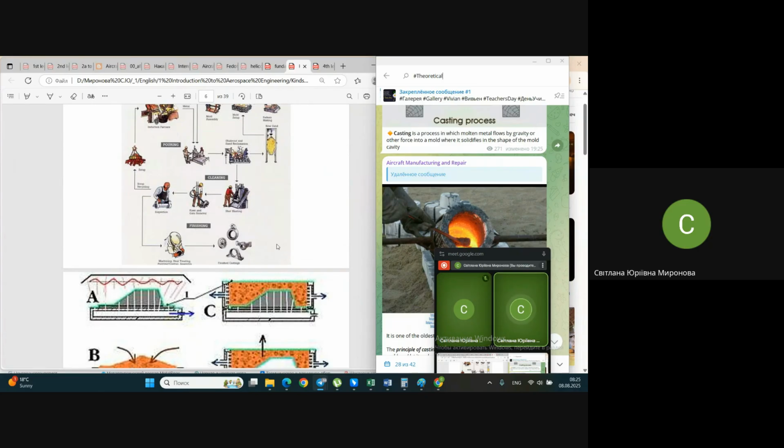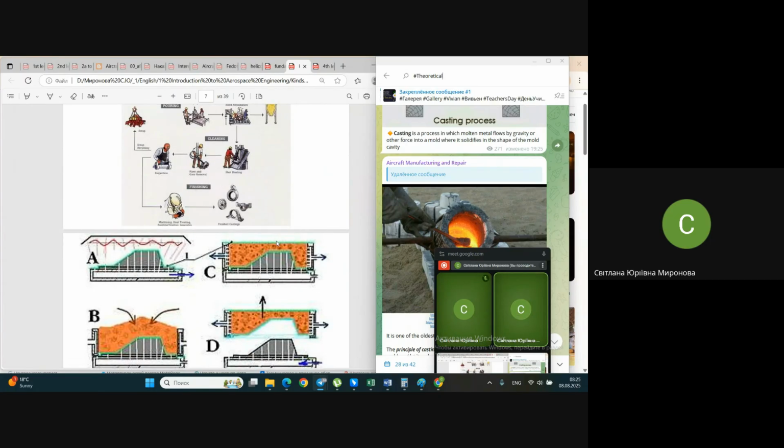Some surfaces may be processed, some sizes may be changed, maybe some superficial coating may be applied. Now, look, what is the idea of this casting process? Actually, it comes down to shaping, but we also need to think about quality.